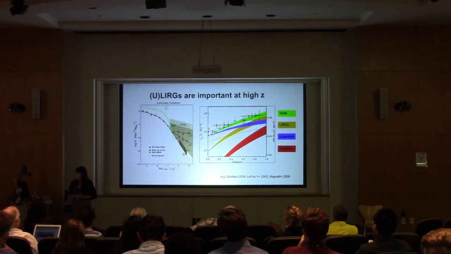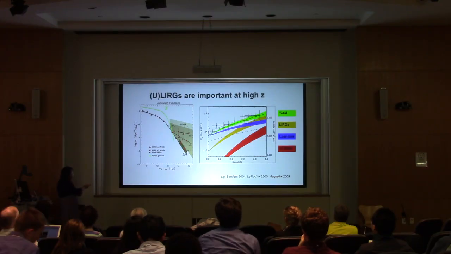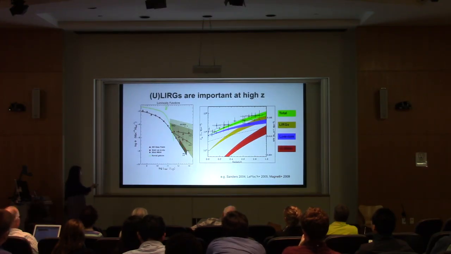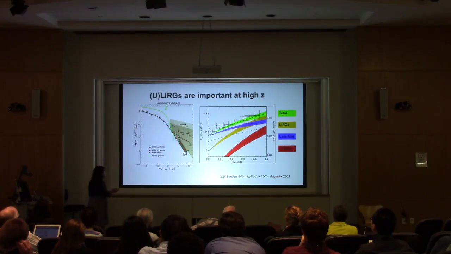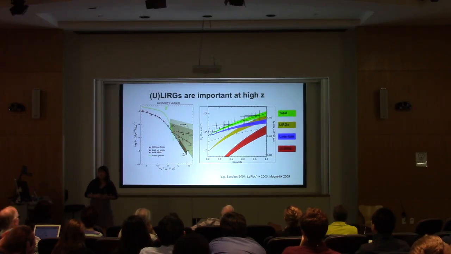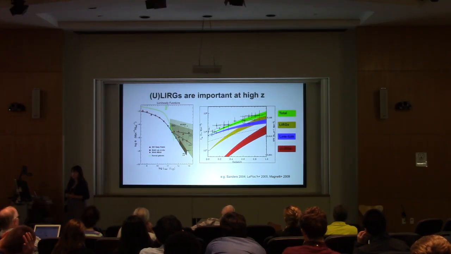Now, these objects play an important role in the high-redshift universe. You can see from the IRAS data, and since then the ISO and SCUBA data, that the luminosity function beyond an infrared luminosity of 10^11 L_sun has an upturn with redshift. Spitzer surveys later also showed that LIRGs begin to dominate the star formation rate beyond a redshift of 0.7.